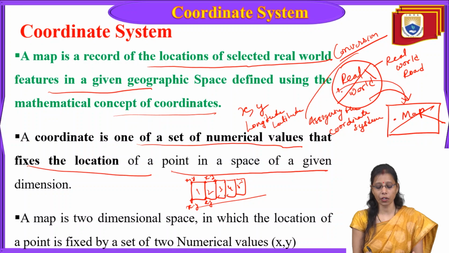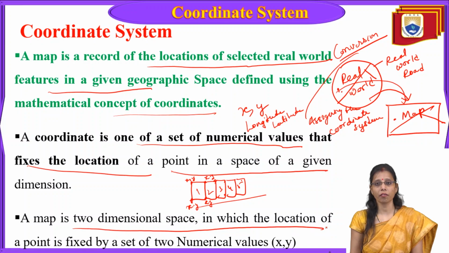So this is the benefit of assigning the coordinate system. A map is a two-dimensional space in which the location of a point is fixed by a set of two numerical values. A map is 2D, where you fix the location of points with a set of numerical values x and y.